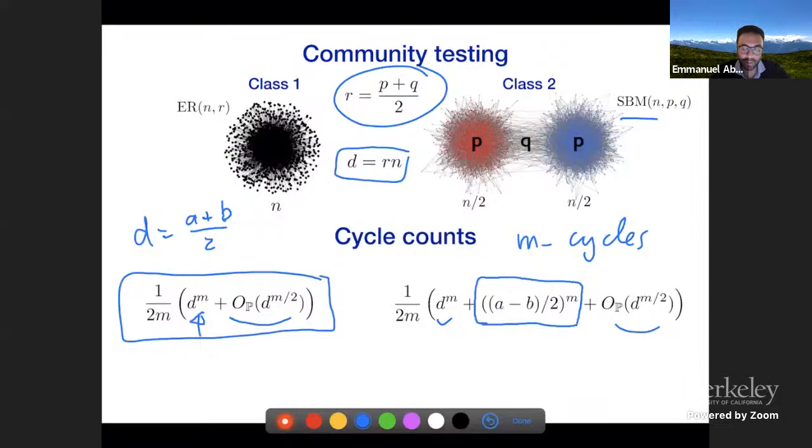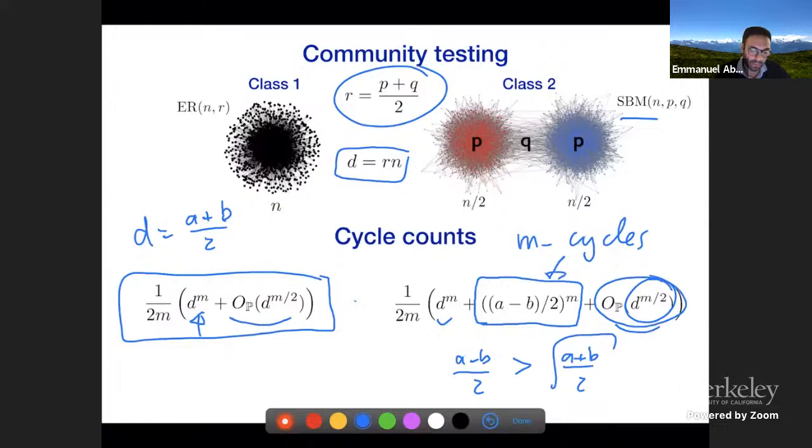So if this quantity, (a minus b) by 2 to the m, is more than the quantity that I have here, the square root of (a plus b) by 2 to the m, then in fact this is going to dominate the fluctuation, and therefore I can distinguish these two quantities. You just need to take m that grows slowly, like for example log n, and then you will be able to distinguish between the two models by counting m-cycles.